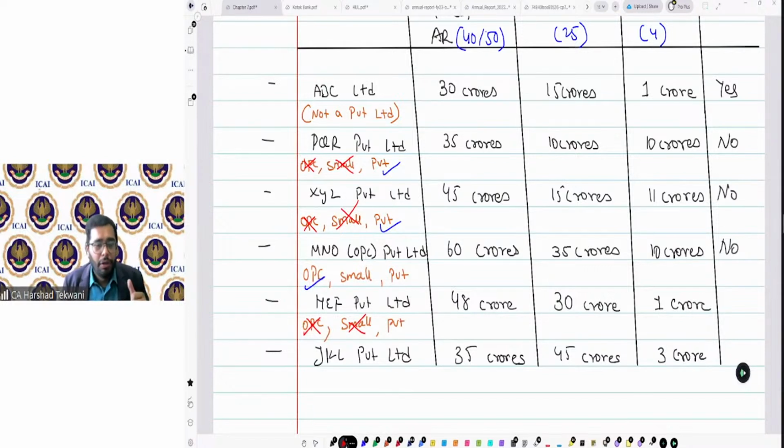Now, for the requirement of private limited, turnover less than 50, yes, that is less than 50. Whether borrowings are less than 25? No, borrowings are not less than 25, it's 30. That's why the private limited exemption will also not be applicable. And yes, they have to comply, or the auditor has to report under section 143(3)(i) of the Act. JKL Private Limited. I will check OPC, small, and private on these three parameters.